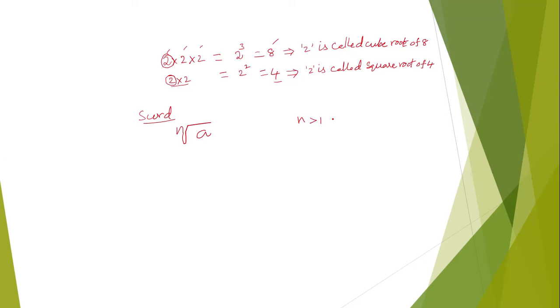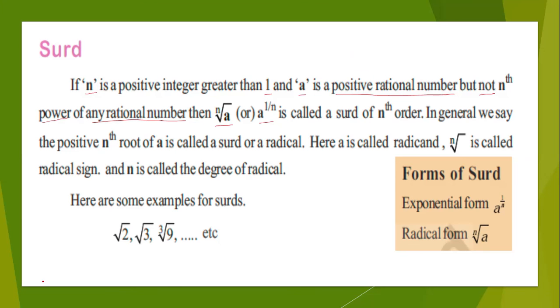That means n is a positive integer which is greater than 1, and a is a positive rational number, but not the nth power of any rational number. You may remember those points.